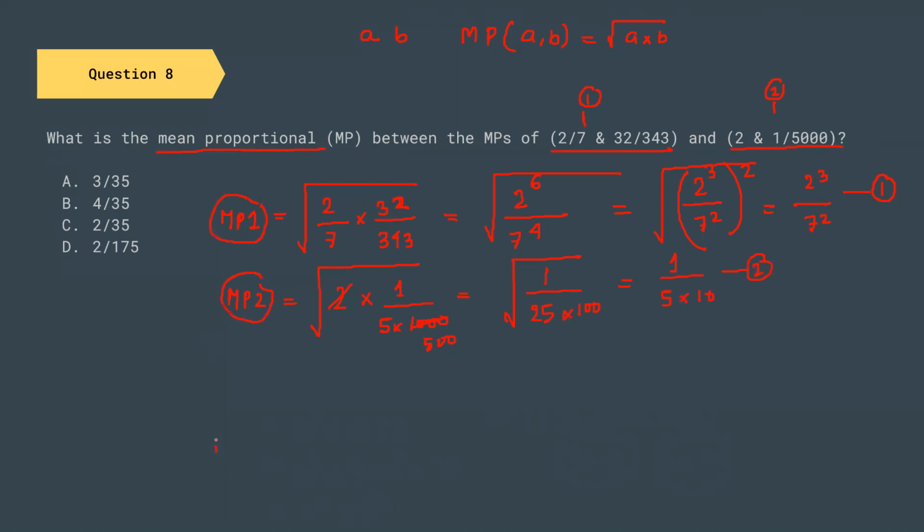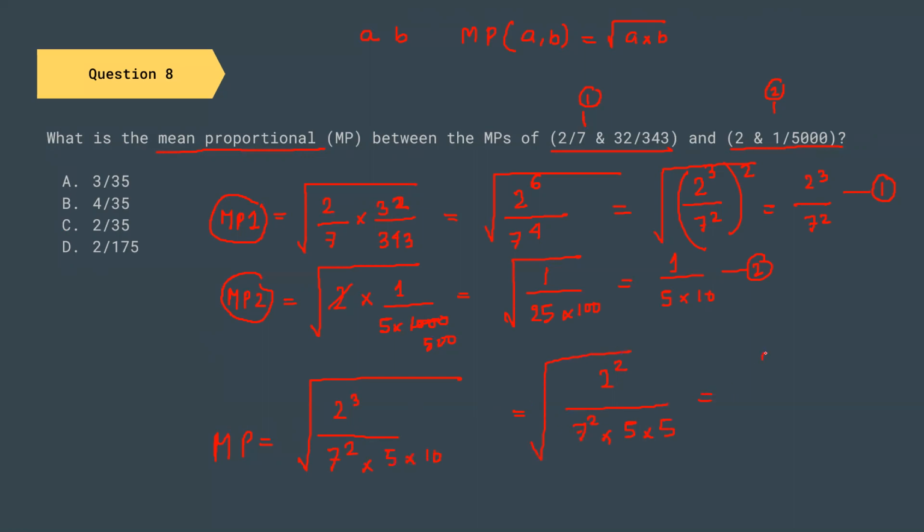So the final MP will be root over 2 cube divided by 7 square into 5 into 10. So we can also write it as 2 square divided by 7 square into 5 into 5 root over.